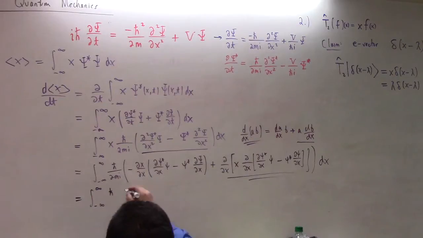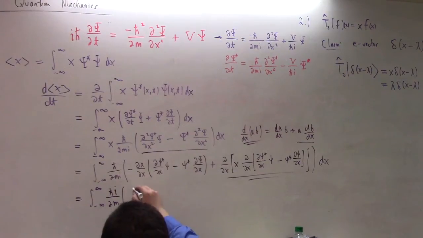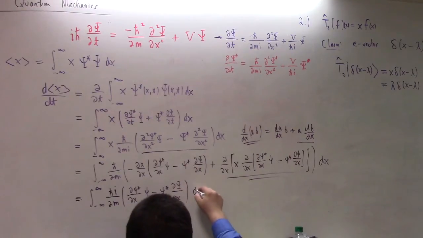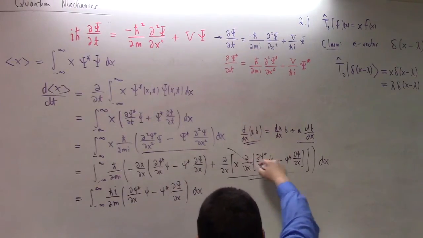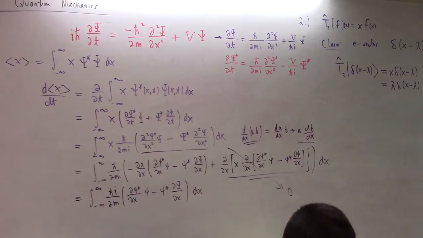Why do I? Okay, fine. I brought the I upstairs. That gets me a minus h bar I over 2m, partial psi star partial x psi, minus psi star partial psi partial x dx. This piece integrated to 0. So what can we do with this?